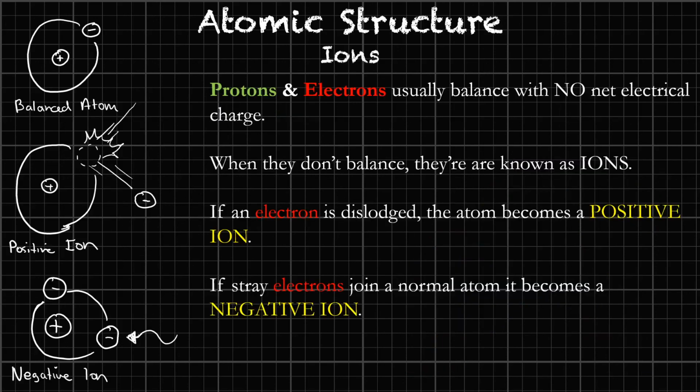We also said that electrons are free to come and go more easily depending on the type of material. And by default, atoms have a net neutral electrical charge. The positive protons and the negative electrons balance each other out. They live in harmony. But when they don't balance out, that's when we get ionic atoms, or ions.